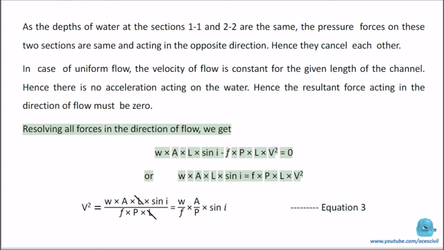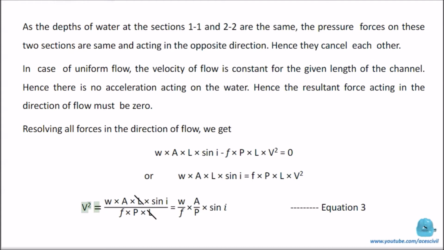Resolving all forces in the direction of flow, we get w times A times L times sin i minus f times P times L times V squared equals 0, or w times A times L times sin i equals f times P times L times V squared.